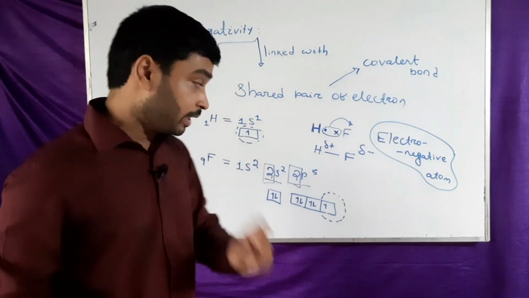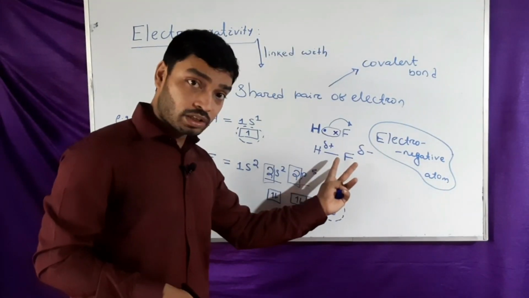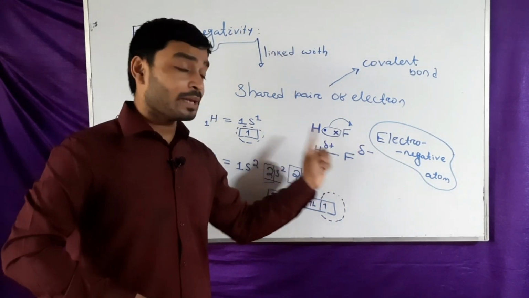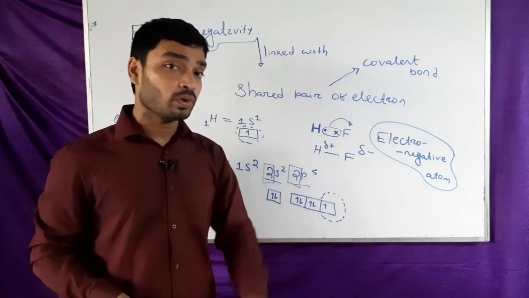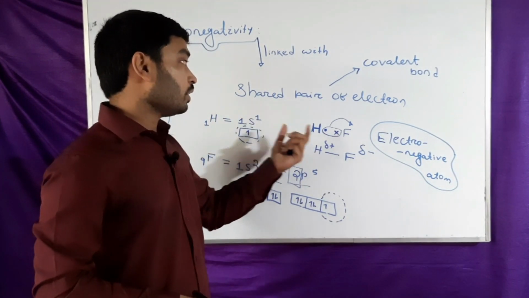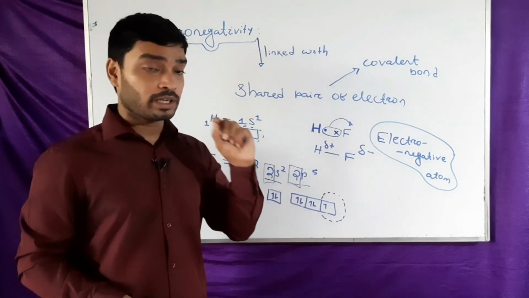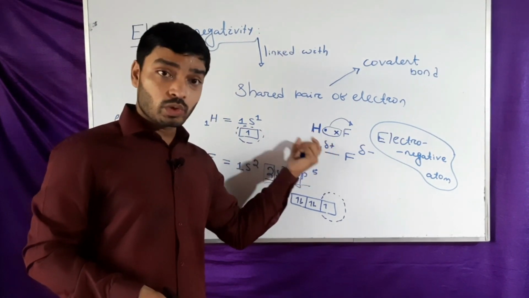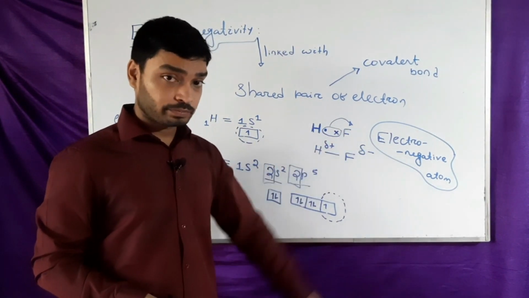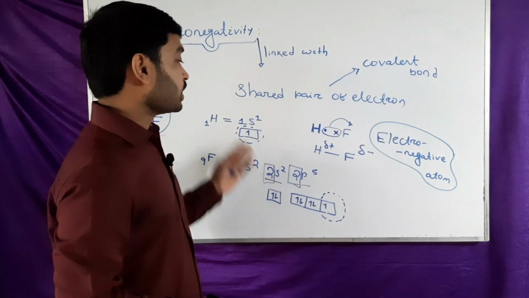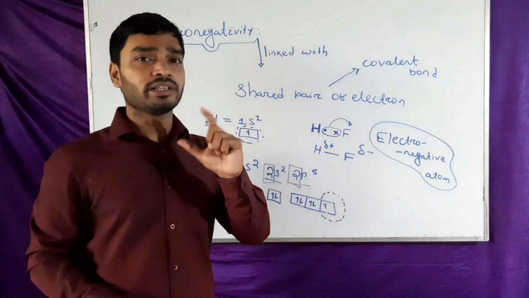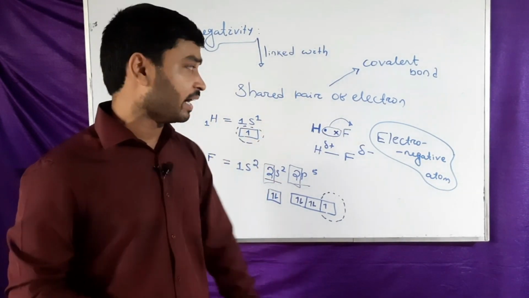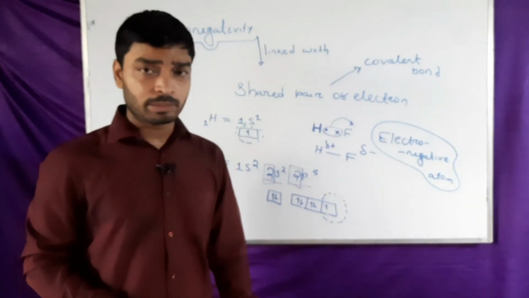Due to electronegativity, charge separation, or development of opposite charges, occurs in a covalently bonded compound, and this occurs due to the unequal displacement of the electrons towards the more electronegative atom. So this is the basic idea of the electronegativity concept.